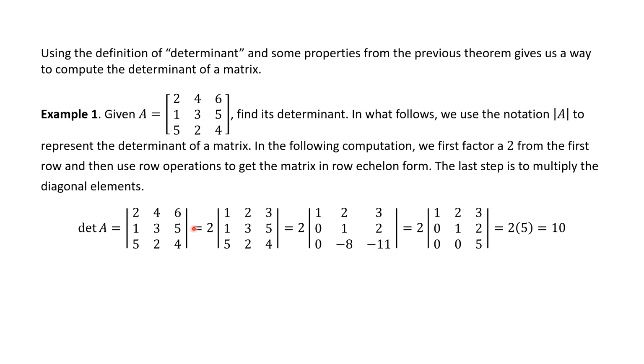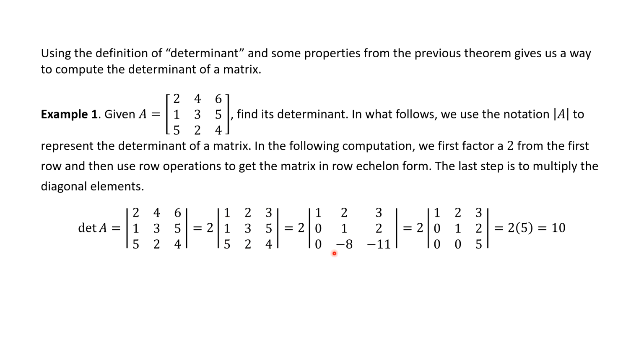So this equals this. And notice we're using these bars to represent a determinant. That's common, as opposed to when you have a matrix, you have the little serifs on the top and bottom of the bars. So this is just common notation. Then going from here to here, I've taken the first row from the second and 5 times the first row from the third.